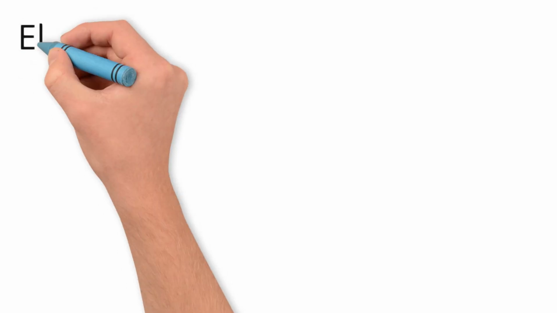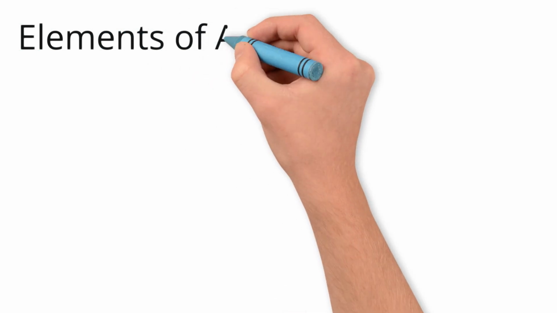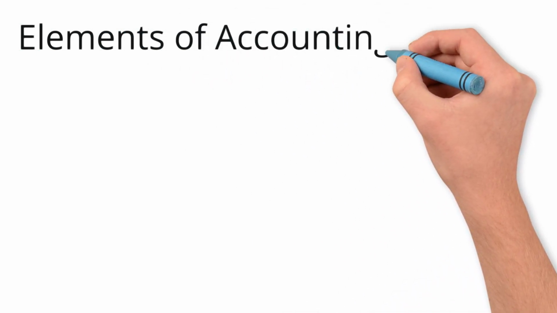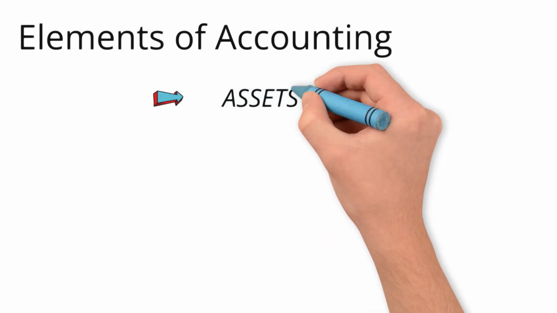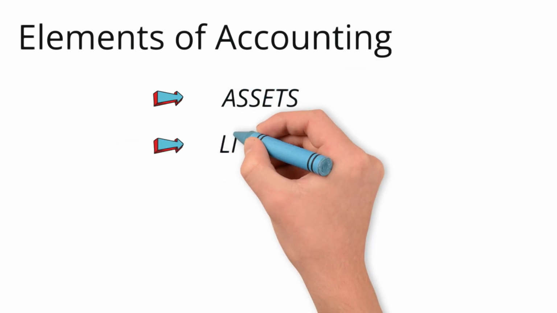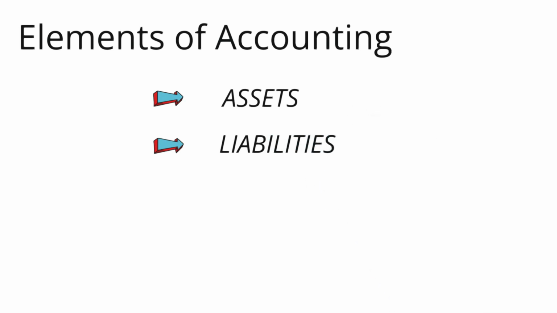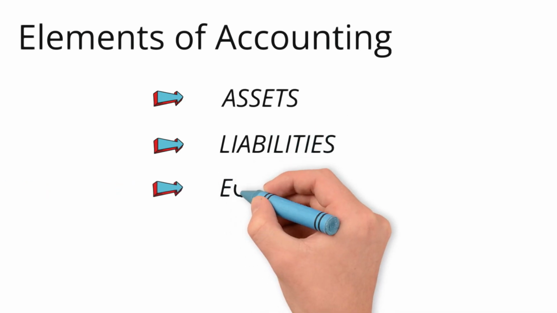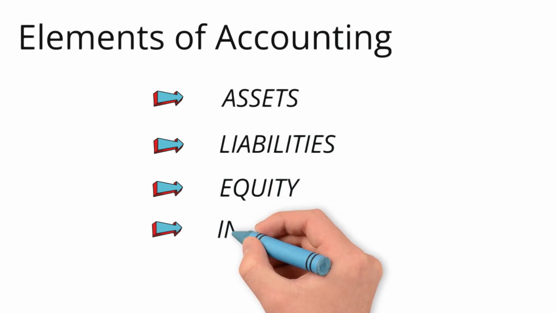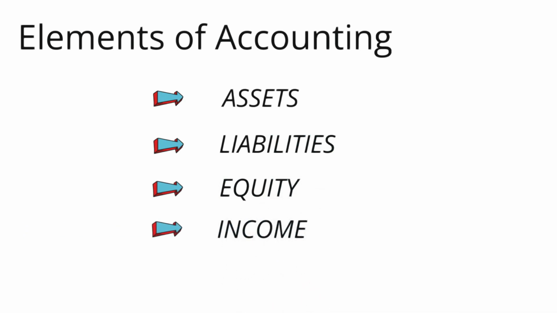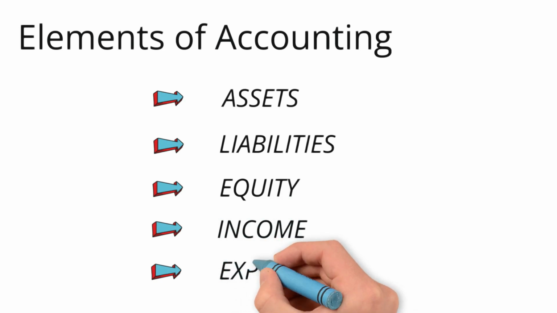As you know, in accounting there are five main elements. They are assets, liabilities, equity, income, and expenses.